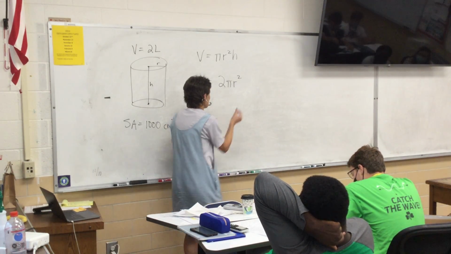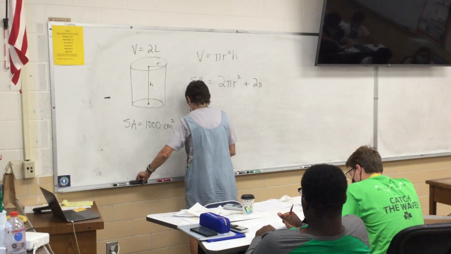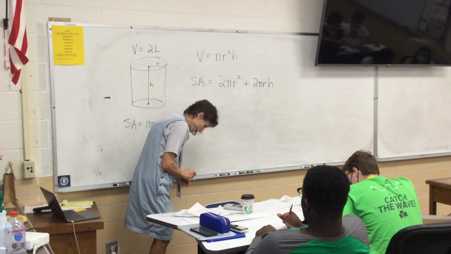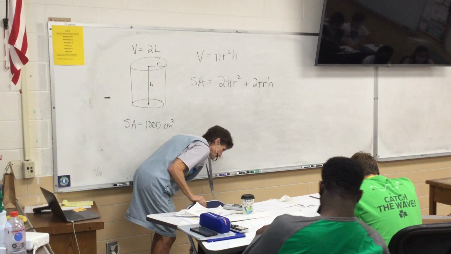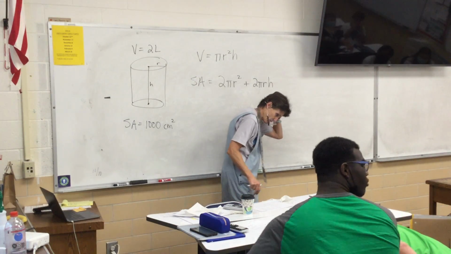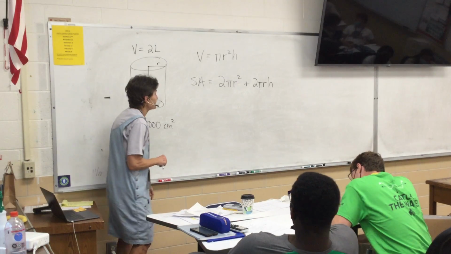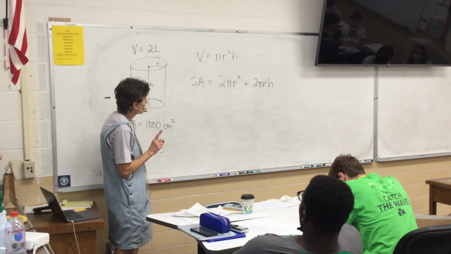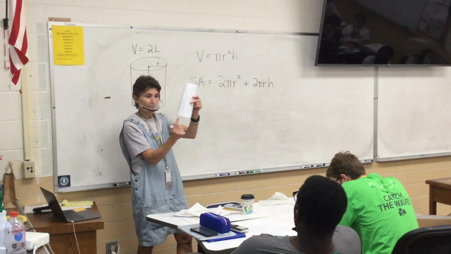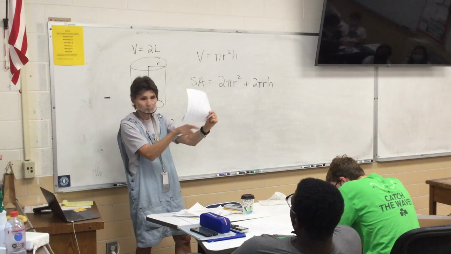So that is going to be plus 2 pi r h, because 2 pi r is the circumference. Why would you use pi for a rectangle? Because, remember, the circumference is 2 pi r, and when you open that up, that's still 2 pi r.